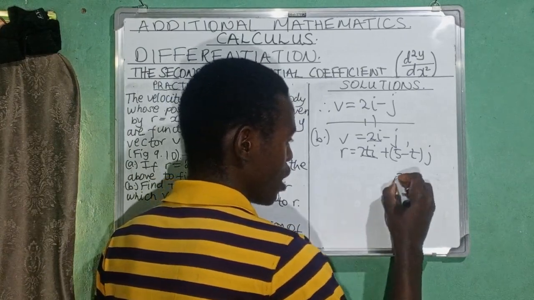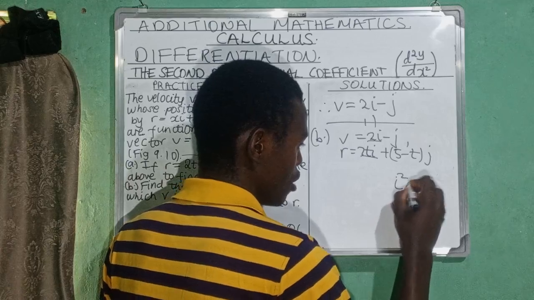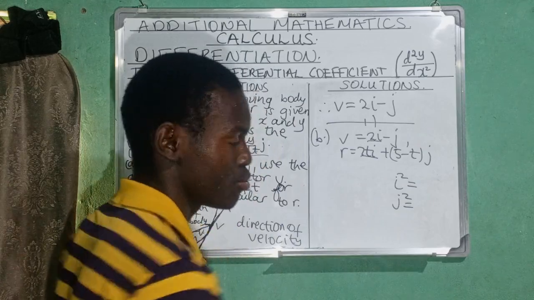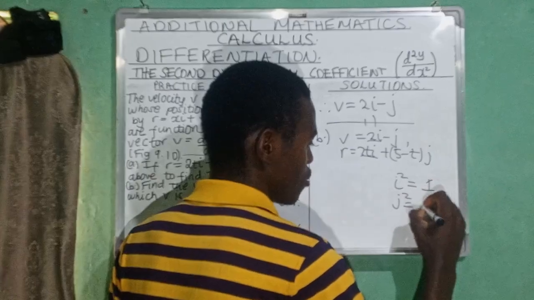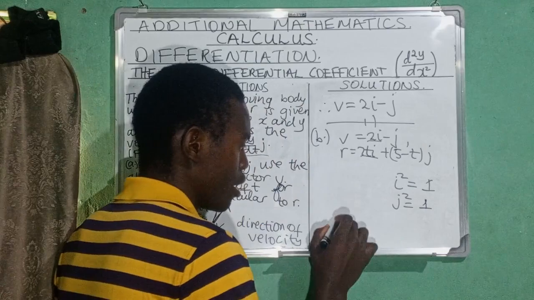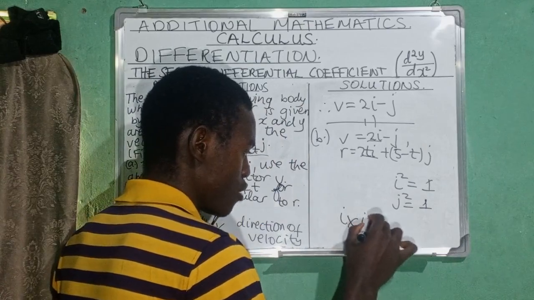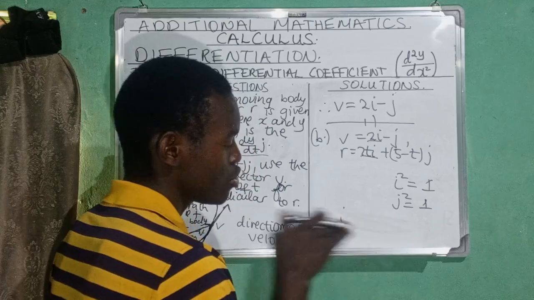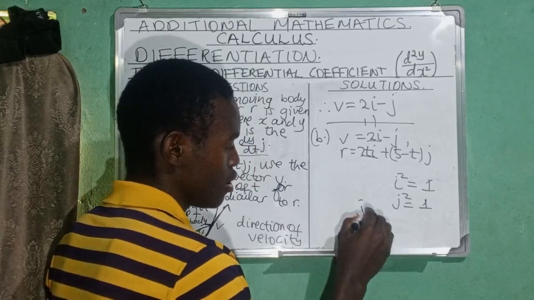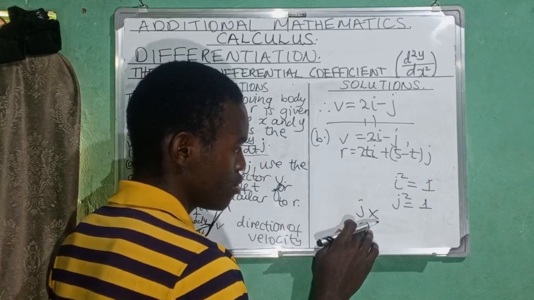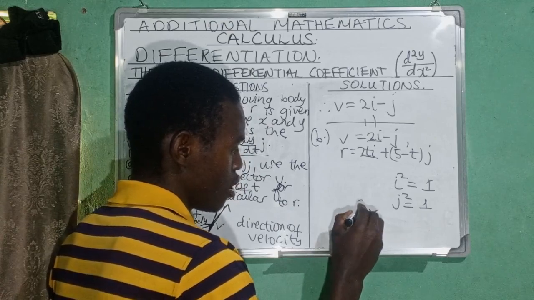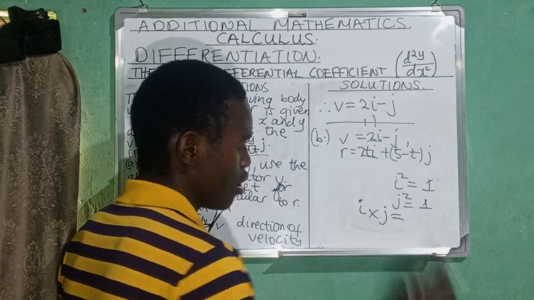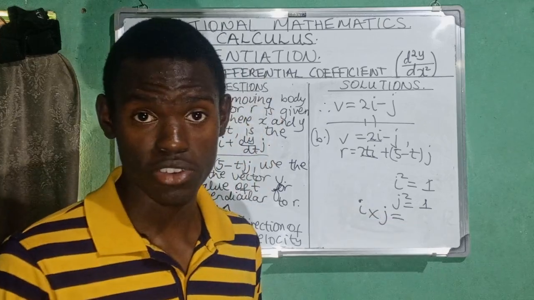You need to know i squared, you need to know j squared, and this is that i squared is going to give you a 1, j squared is going to give you a 1. What do I mean? i times i should give you 1. Now, another thing to note is that i times j is actually going to give you 0.